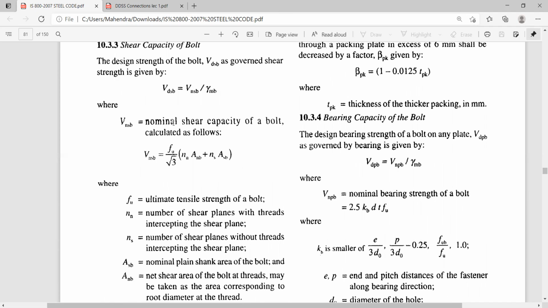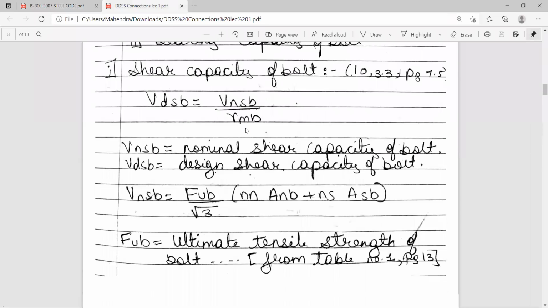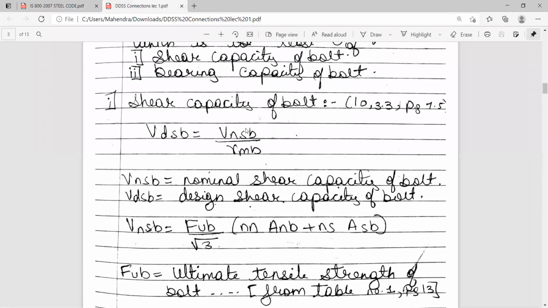So just note down all this. VDSB will be equal to VNSB upon gamma MB, where VNSB is the nominal shear capacity of the bolt and VDSB is the design shear capacity of the bolt. Note down all these formulas, and they are also there in your IS codes.